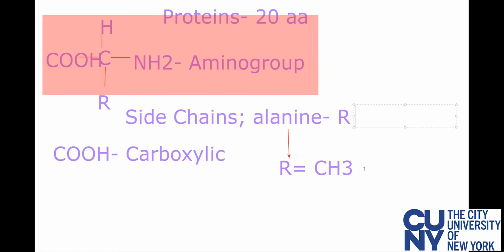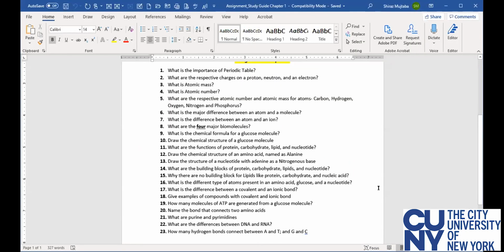so let's go to the next question. The next question is: draw the structure of a nucleotide with adenine as a nitrogenous base. Okay. So first, what is a nucleotide? A nucleotide is made up of a sugar.